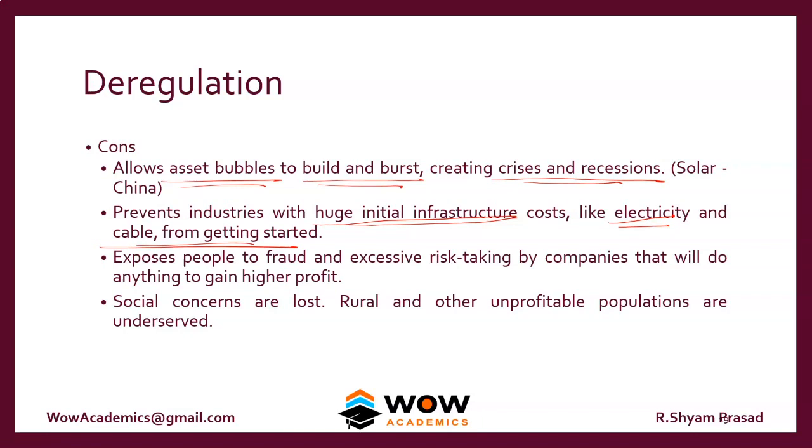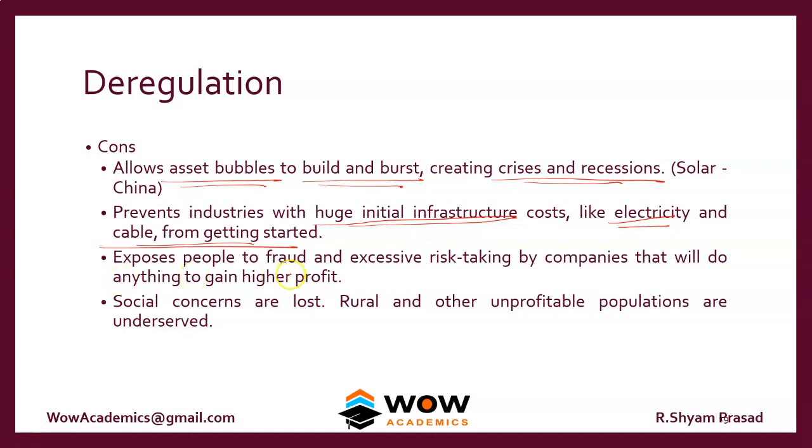For example, if you take the electricity board in Mumbai or the electricity board in Kolkata, there is just one company which does all the electrical activities throughout the city. So there is a regulation that only one company should operate. In those areas we need regulation. We can't say that five companies can come in and become an electricity company. That is not possible. So we need regulation there.